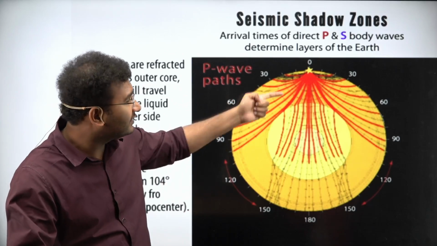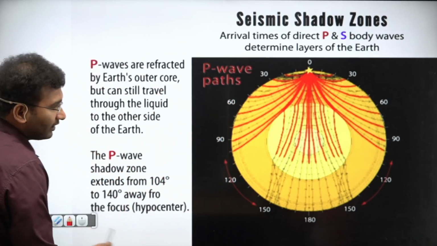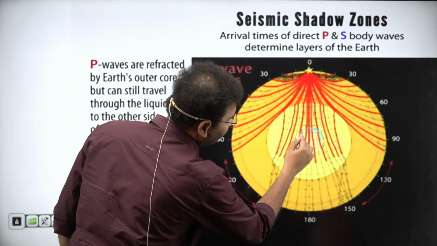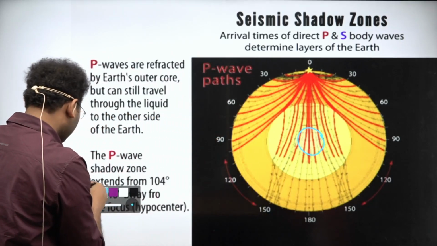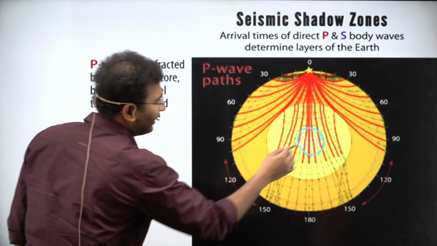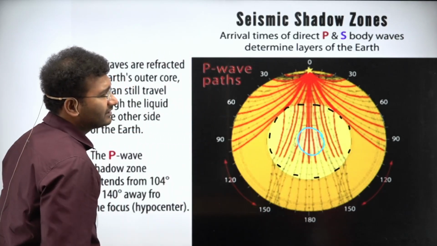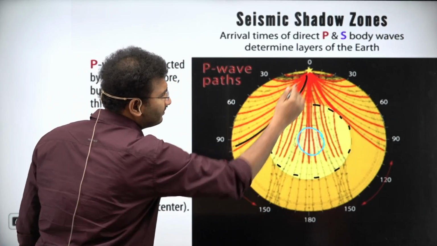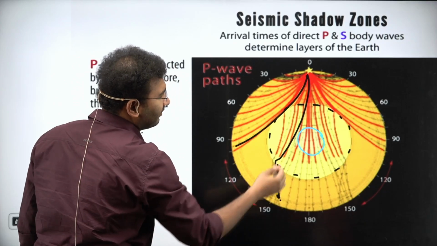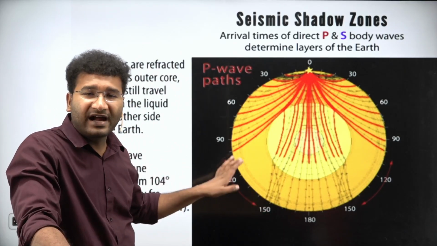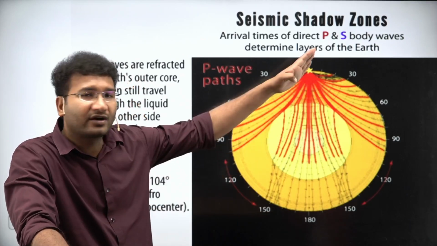So that is the reason why we got to learn that our earth has an interior layer made up of solid, which we call the inner core, and there is also another layer made up of liquid. That means P waves were able to pass through this, but as soon as the S wave comes, it is blocked, as we matched with the seismographs across the earth.